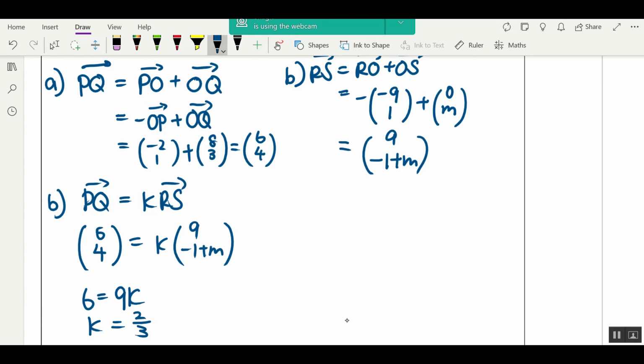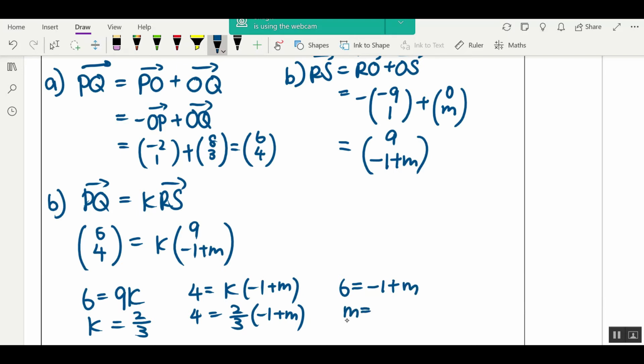And now we compare the y coordinate. 4 is equal to k times negative 1 plus m. So 4 is equal to 2/3 of negative 1 plus m. Divide the 4 by 2/3 first. So this means that 6 is equal to negative 1 plus m, and hence m is equal to 7.